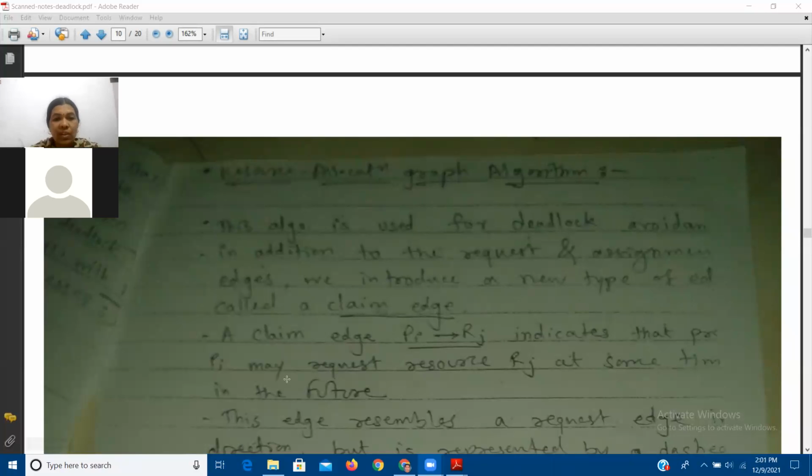A claim edge Pi towards Rj. This arrow indicates that Pi is requesting Rj. The claim edge Pi to Rj indicates that process Pi may request a resource Rj at some time in future.